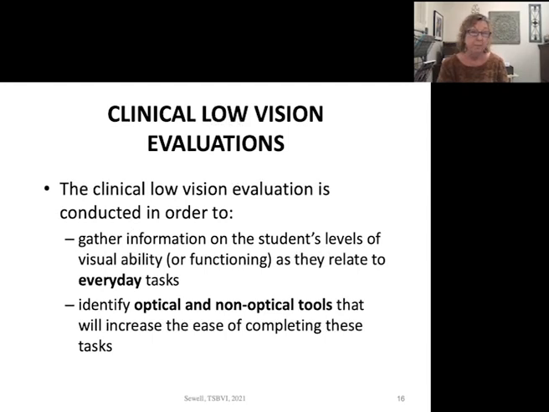That could be in magnification or use of devices. The other thing that the low vision eval could tell us is the non-optical and optical devices and tools that will increase the ease of completing these tasks and help the student complete them more efficiently.